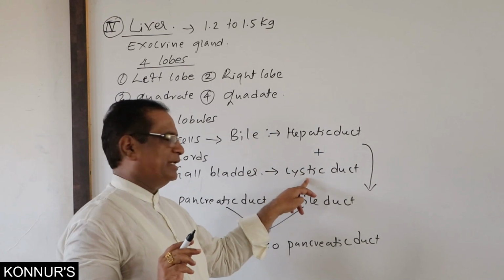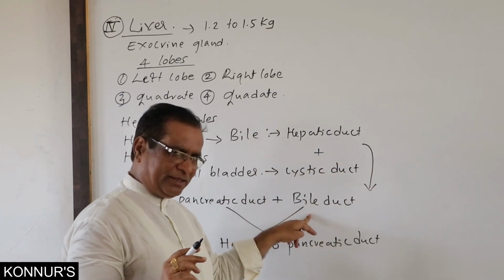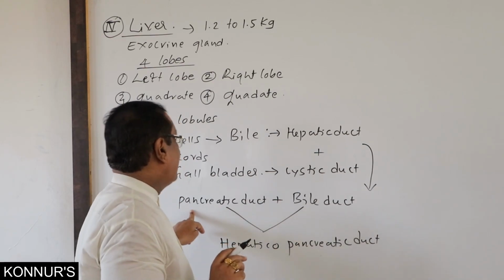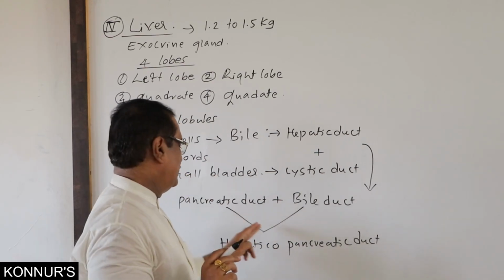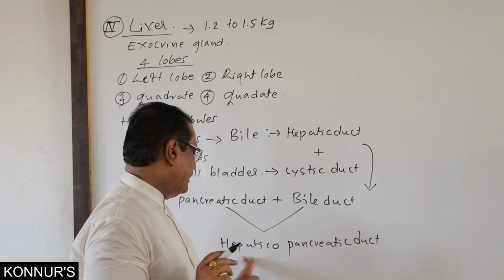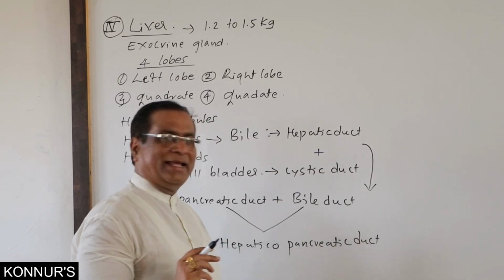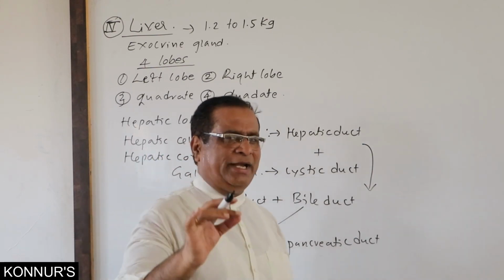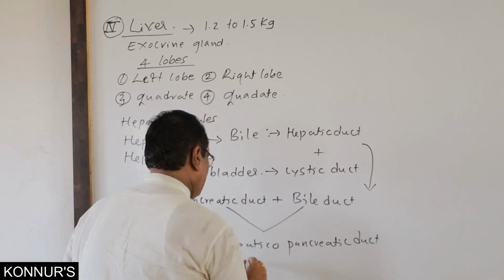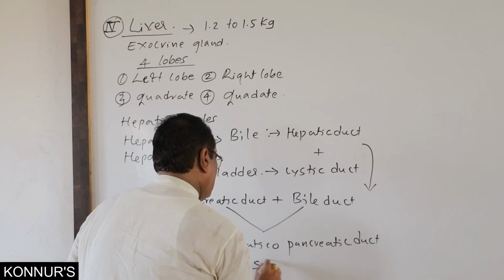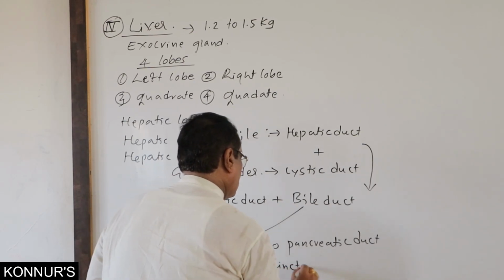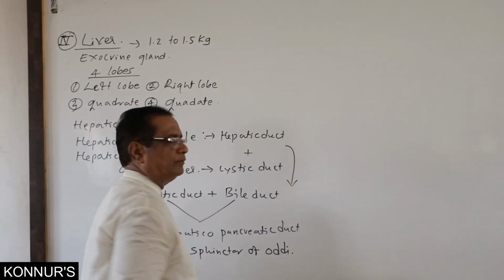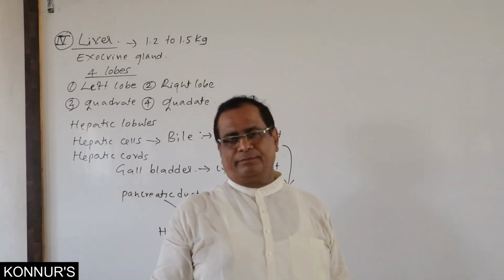Hepatic duct and cystic duct together form the bile duct, and the bile duct from the liver and the pancreatic duct from the pancreas join to form the hepatico-pancreatic duct that opens into the duodenum and is provided with a sphincter named sphincter of Oddi.